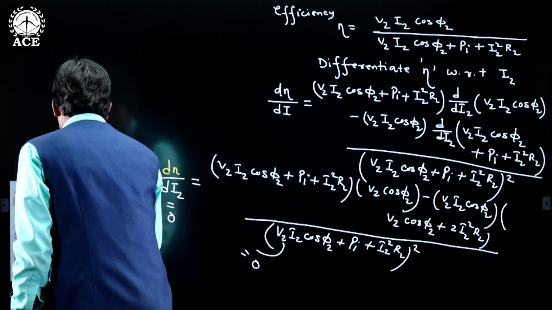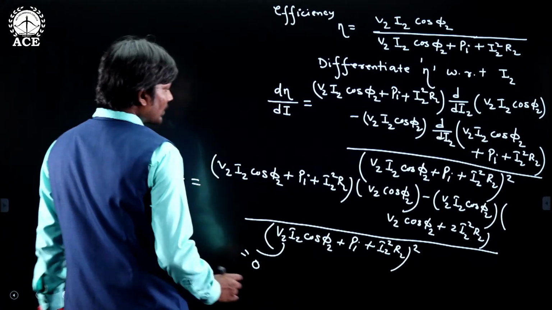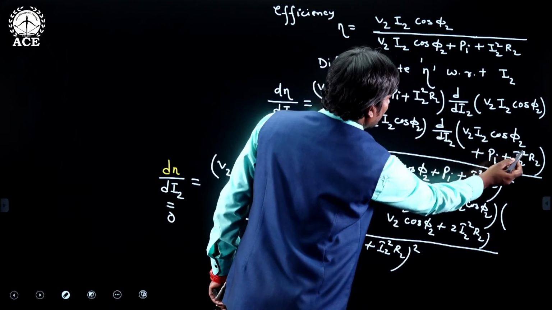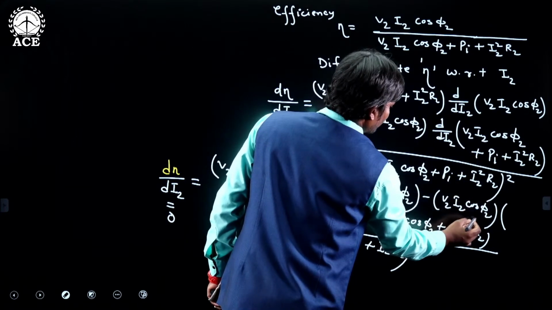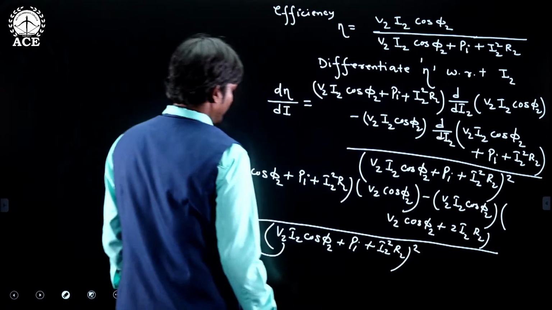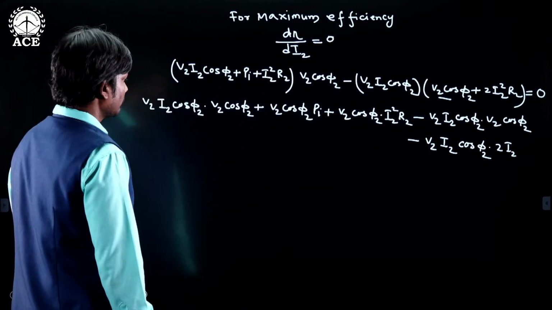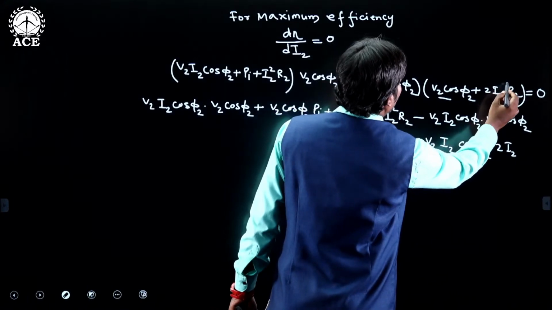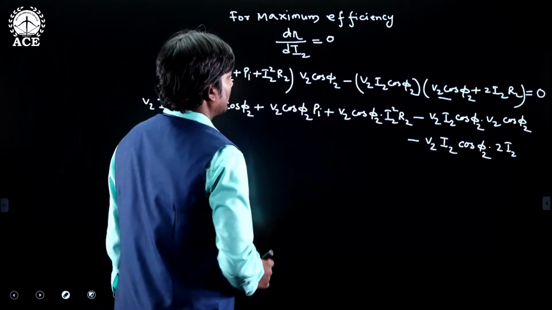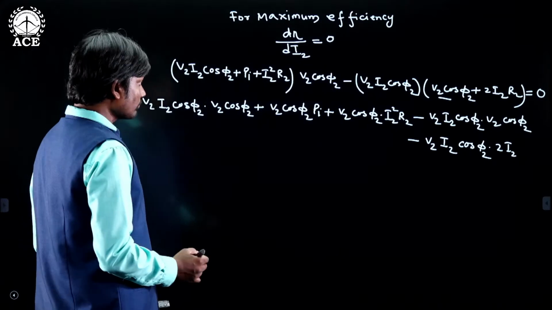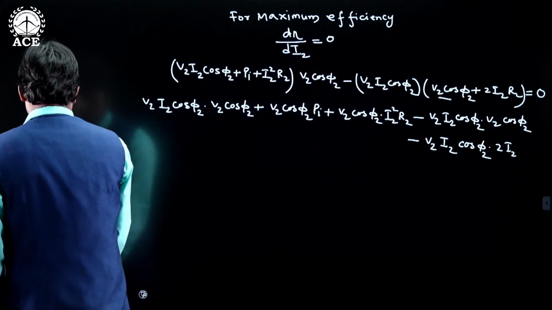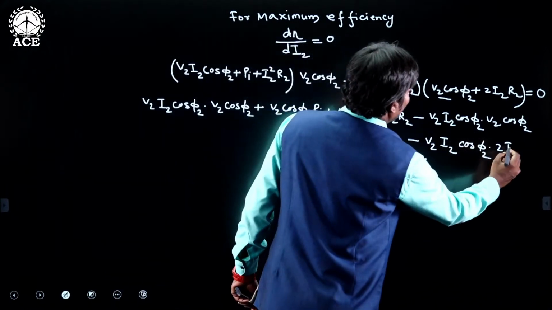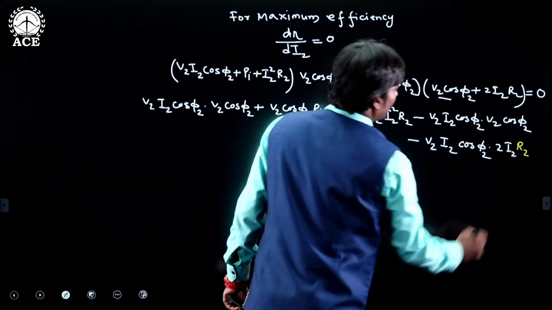See here, a small correction: after differentiation it will come 2 I2, so here this is also 2 I2 R2.